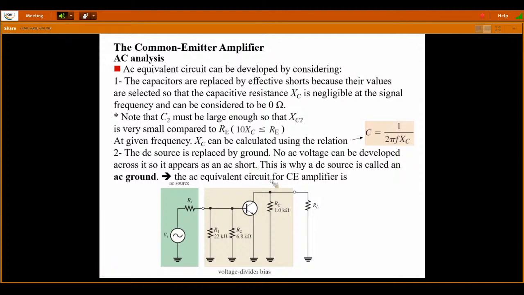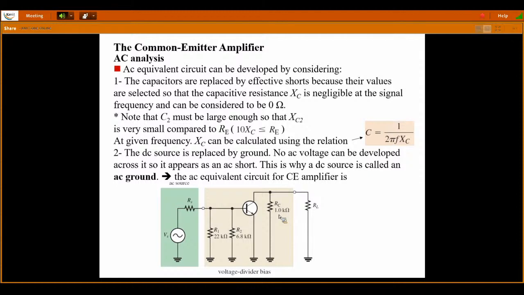So now we'll do the AC analysis. How to do the AC analysis? This is the part of your actual analysis of how to connect your resistors at the input as well as at the output, the collector terminal of your CE amplifier.